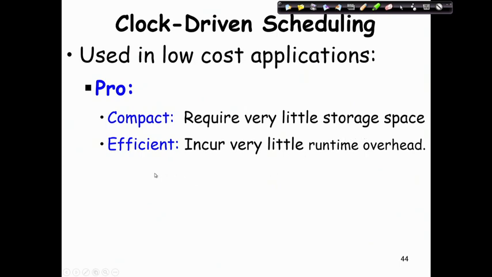And these are very small programs that run for a few microseconds, just a few lines of code, and incur very little runtime overhead. When the processing power is small, if we want to run a sophisticated operating system, then the overhead of the operating system will be so much that there will be hardly any time left for running the real time tasks.